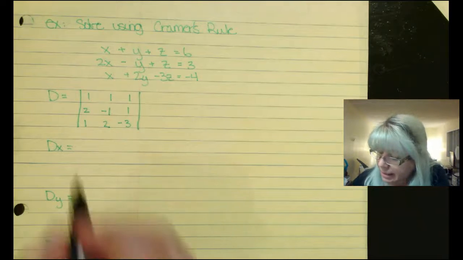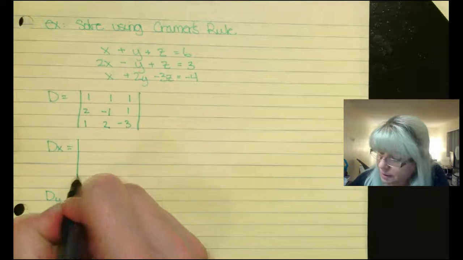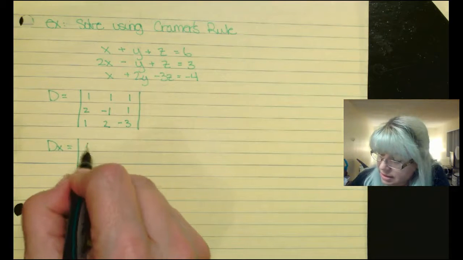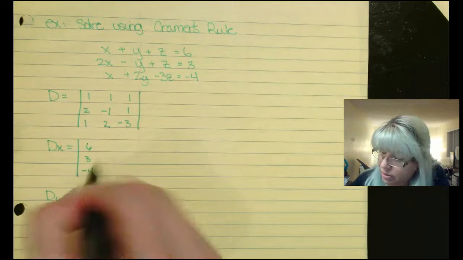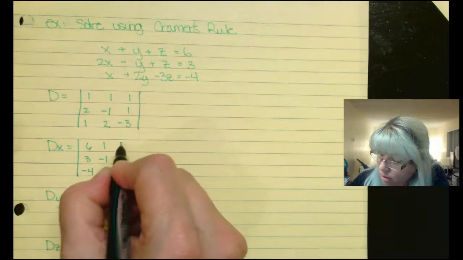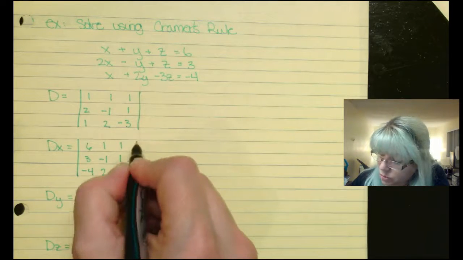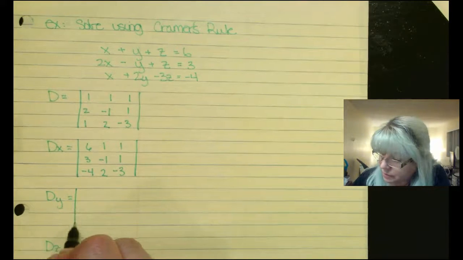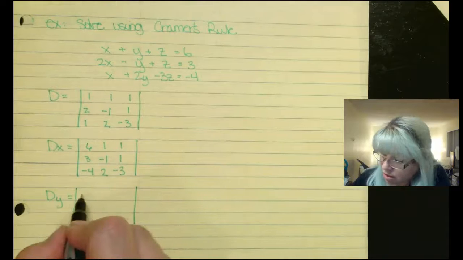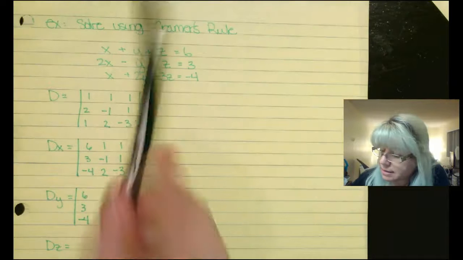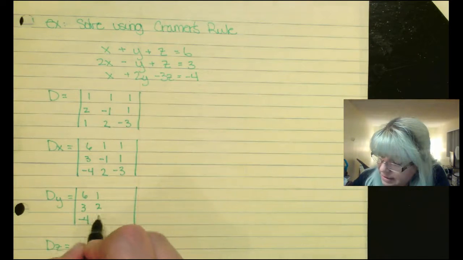Okay, dx. Cover up the x's. Write the constants first: 6, 3, negative 4, and then all the y's and all the z's: 1, negative 1, 2, 1, 1, 3. dy is going to write down the constants first, and then cover up the y's and write all the x's and all the z's.